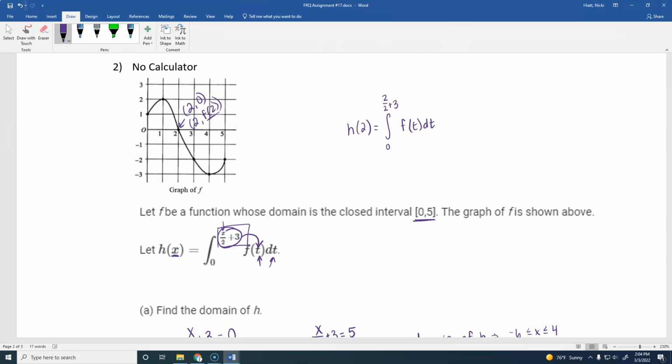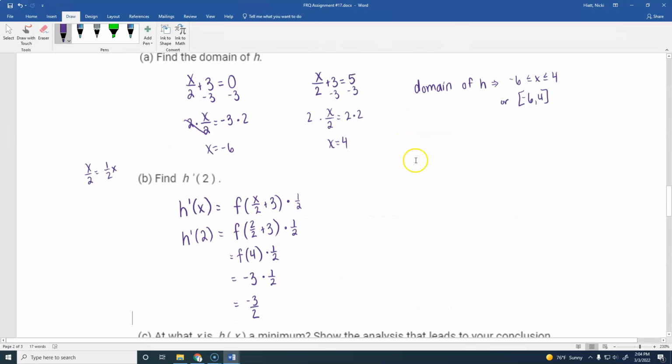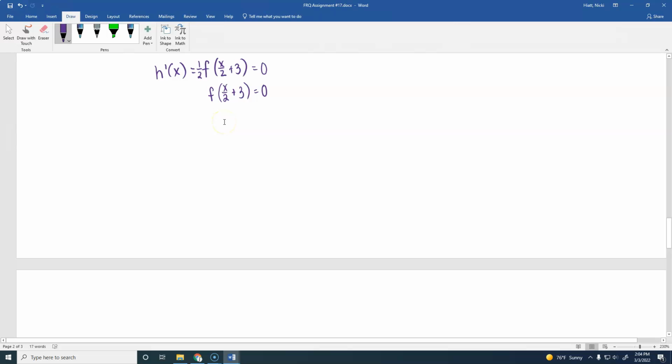So, at 2, my y coordinate is going to be 0. So I want the stuff on the inside of this right here to equal 2, so that I will have f of 2, which has a y coordinate of 0. So I am going to say x over 2 plus 3 needs to equal 2.